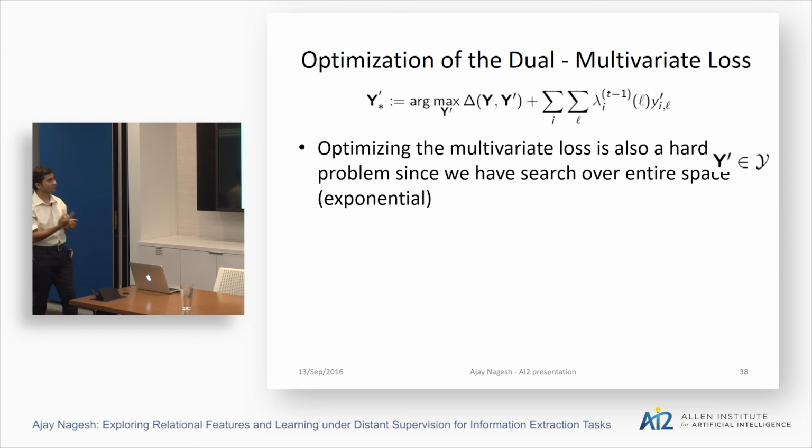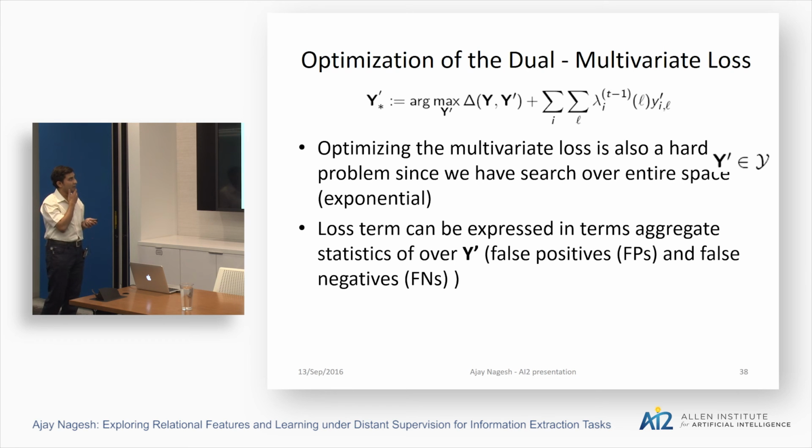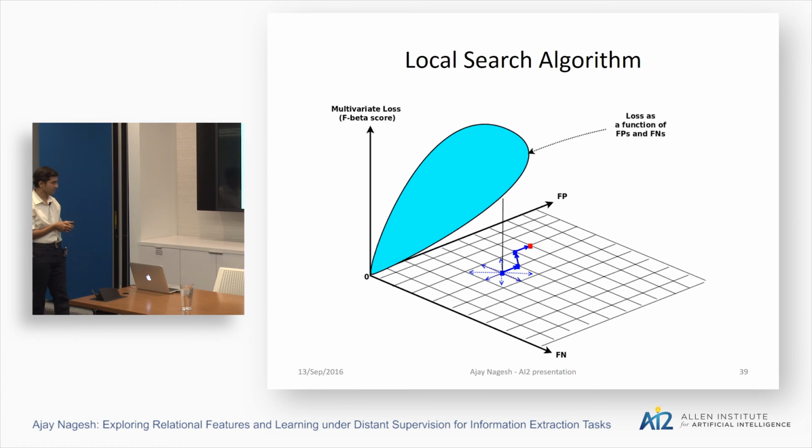The set of all possible predictions is exponential because it is a multi-instance, multi-label learning setting. However, we can express the predictions and the true labels in terms of aggregate statistics like false positives and false negatives, which we can use to compute the loss.